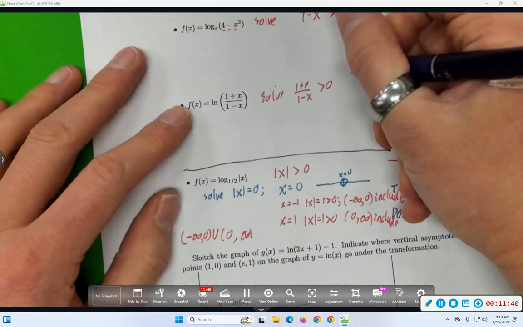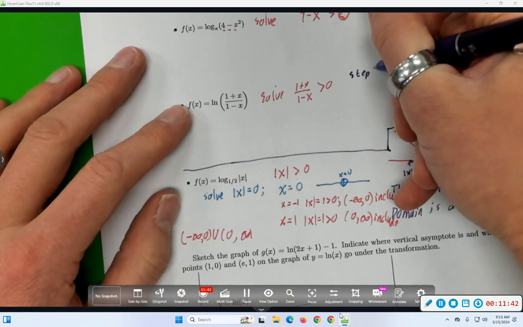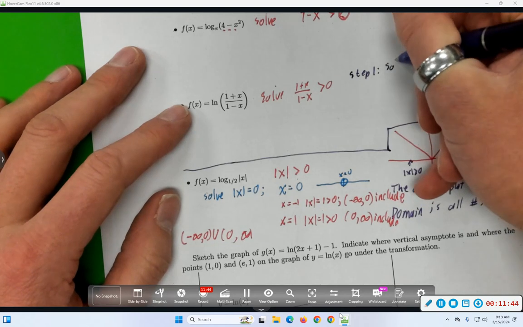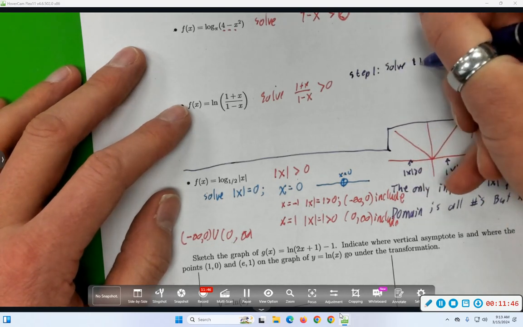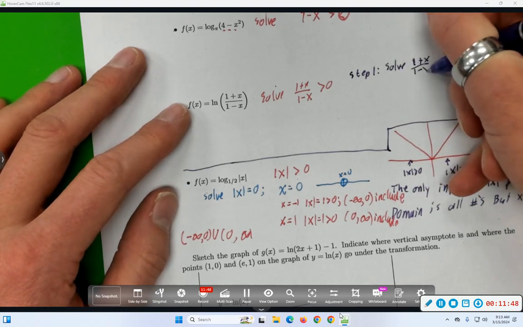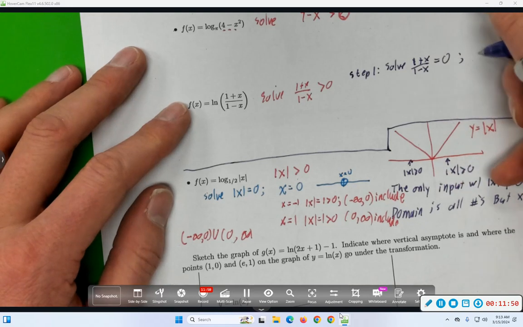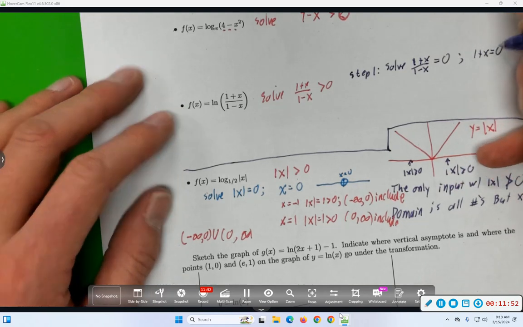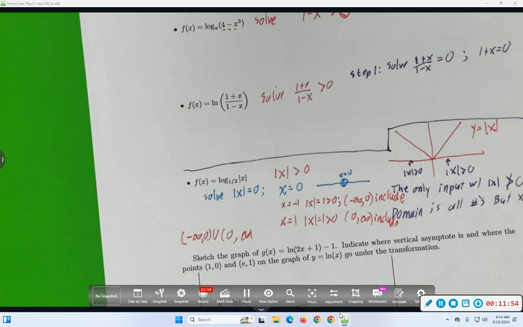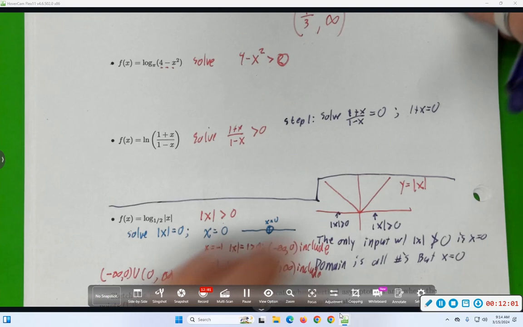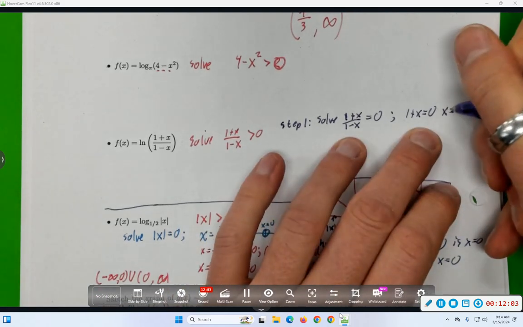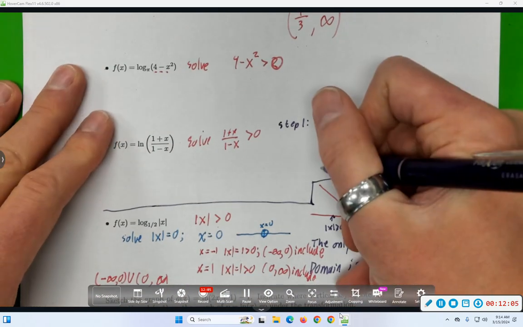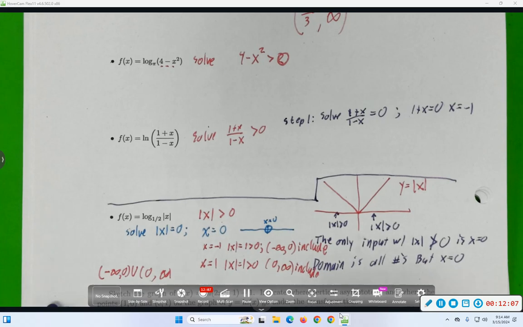Maybe I'll write out those steps. So step 1, solve 1 plus x over 1 minus x equals 0, which just means 1 plus x equals 0. So what x value does that give you? -1. I think I'll have enough space to put my number line down here.